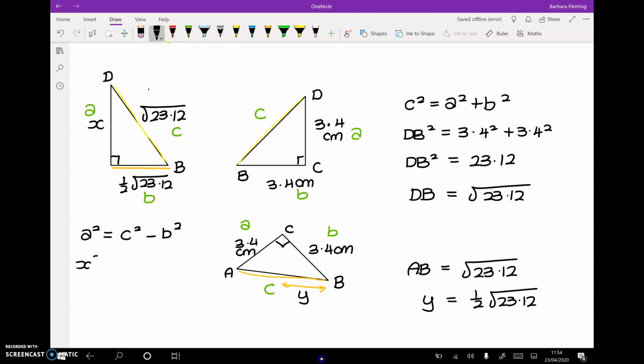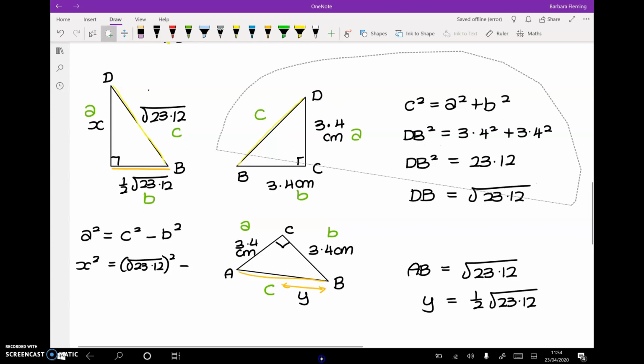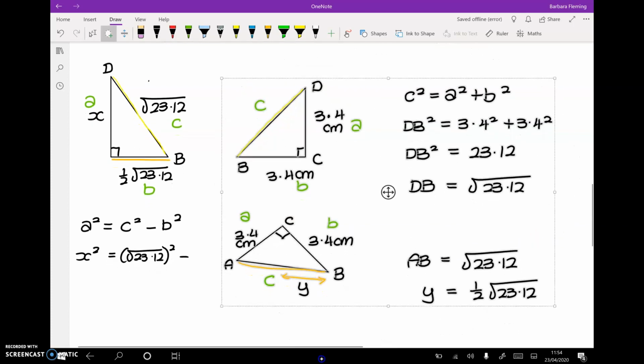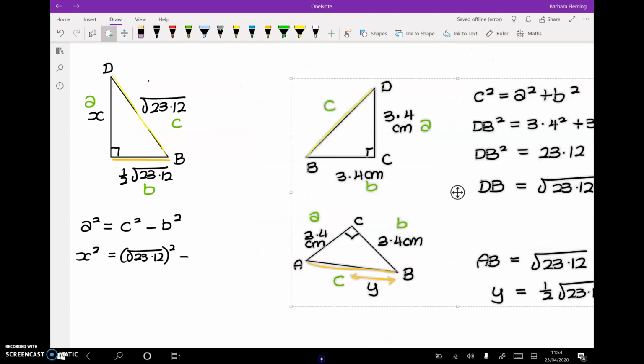So x squared equals square root of 23.12 squared minus, I'm gonna have to give myself more room. Let's move all this over. There we go. Minus your b squared, which is a half square root of 23.12 all squared.